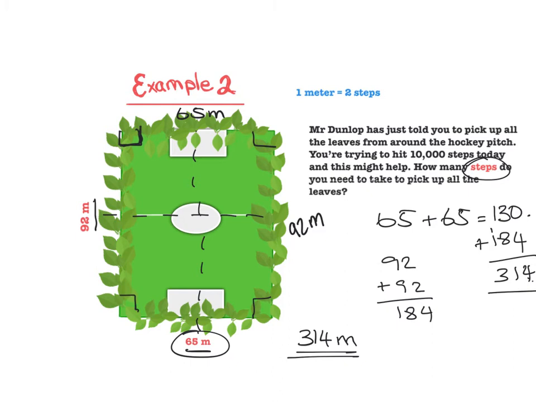Oh, and if we look up here, we can see 1 meter equals 2 steps. So all we have to do is multiply 314 multiplied by 2 equals 628. Perfect.